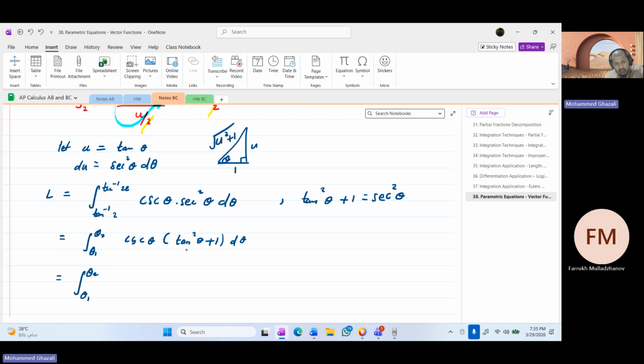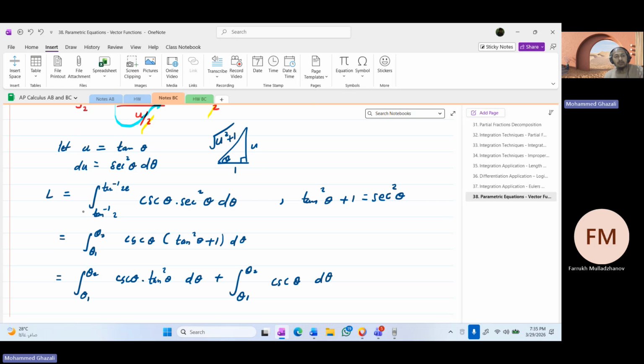We can multiply these two out. And tan squared theta. You with me? Yeah. And split this up. Cosec theta.